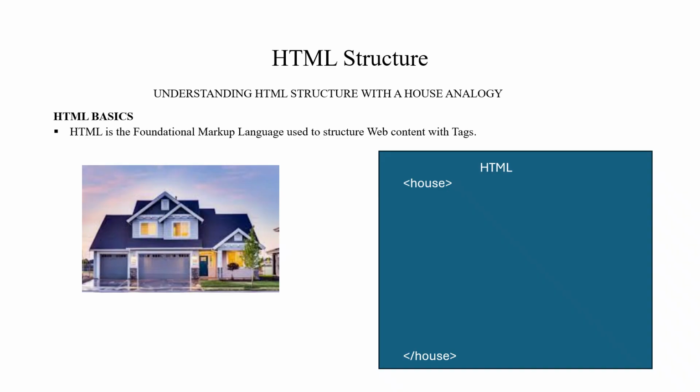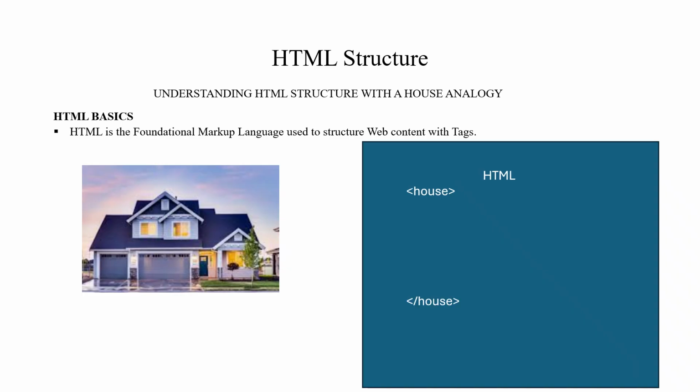HTML is the markup language that we use to structure web content with text. If you have a house, let's see how we use HTML to represent this house analogy. In the definition we say with the help of text, because text is important in HTML.